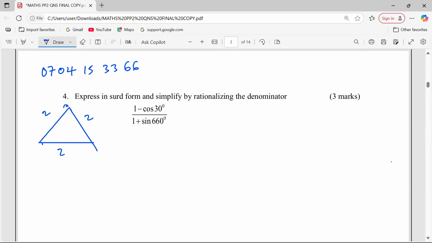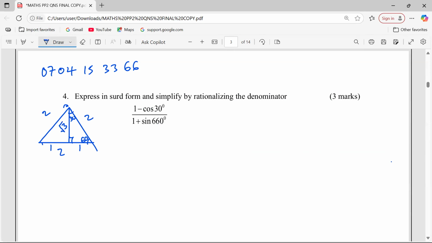Now I bisect this line such that this becomes 1 unit, this becomes 1 unit, the angle remaining 60, but the one here becoming 30. Meaning that we can now find the perpendicular height. 2 squared minus 1 squared, then the square root. We shall remain with the square root of 3.